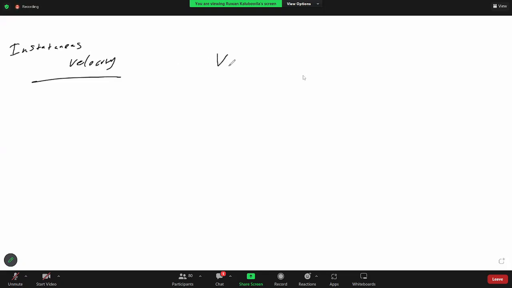So now you know how to find the average velocity. That is f(t naught plus h) minus f(t naught) divided by h. Right. Okay. Well, now what do you have to do?